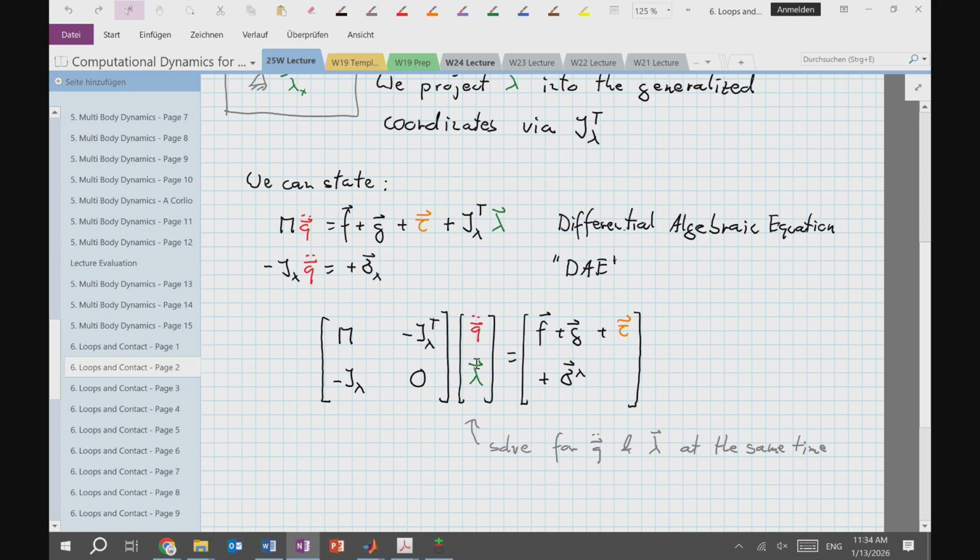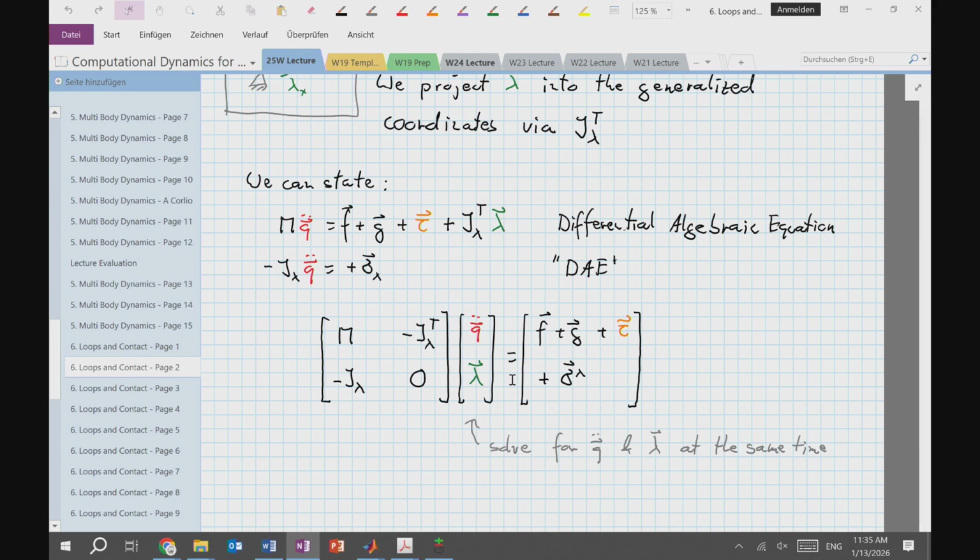And I said at the beginning, this is what we did here to deal with loop joints, but you may have other situations where you want to model a particular joint as an implicit constraint rather than an explicit constraint, and then the same process would work. To treat some of the coordinates or some of the constraints with an explicit constraint, derive the equations of motion for that subsystem without the additional constraint, and then add your additional constraint here.